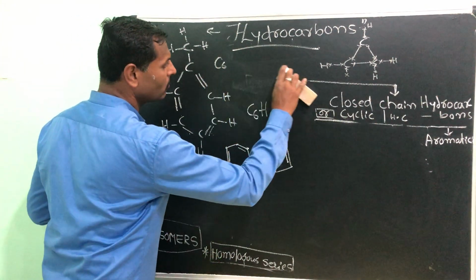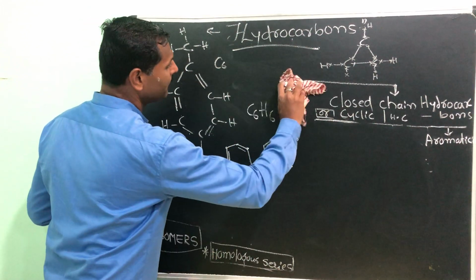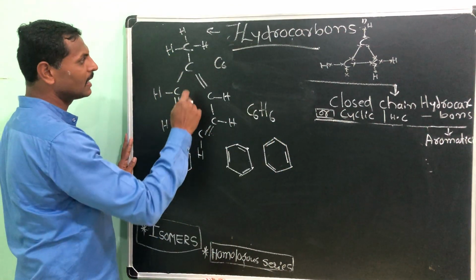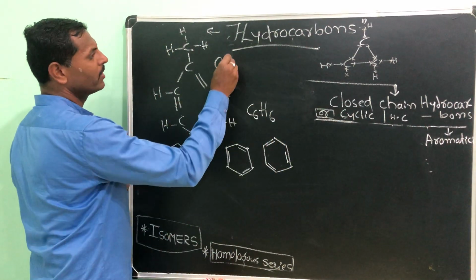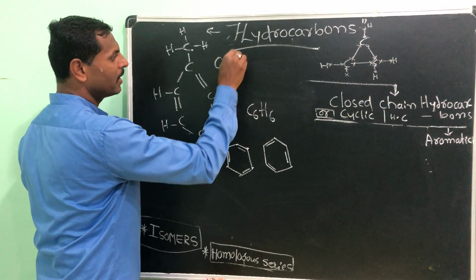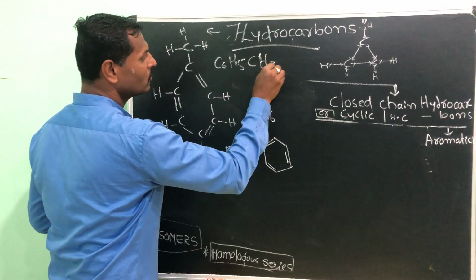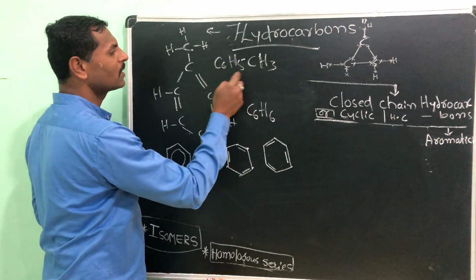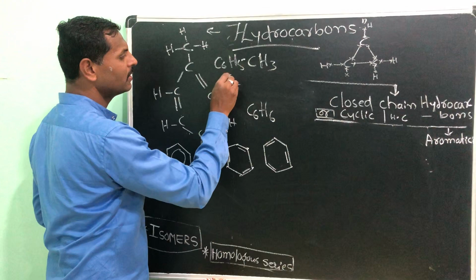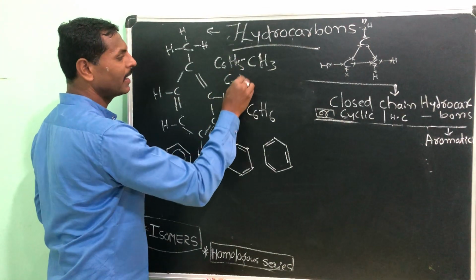It is some other compound. C6 and H5, one more carbon with 3 hydrogens. You can club this one carbon, so C7H8.